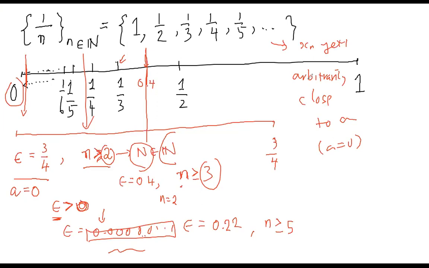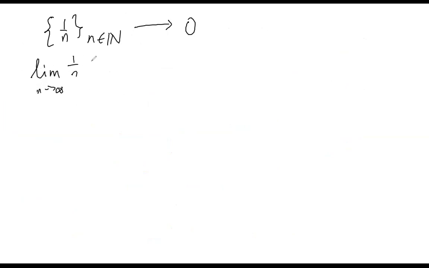So let's see how we actually argue this analytically. So in example 3.4.2, the sequence converges to 0. So we write the limit equals 0.